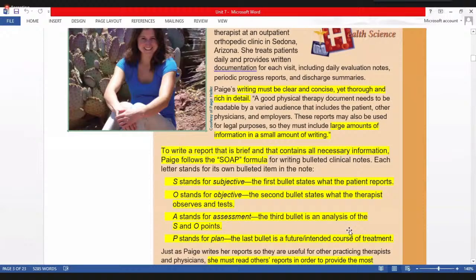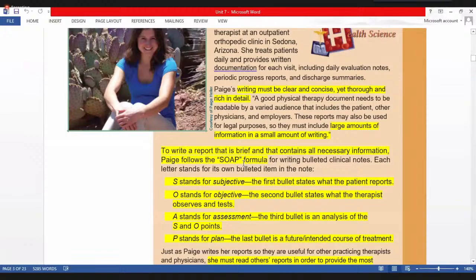So how can we do that? Her formula is the SOAP formula, isn't it? This is the formula that she has developed. By using this formula, we can make our report brief, and it can contain all the necessary, important information.